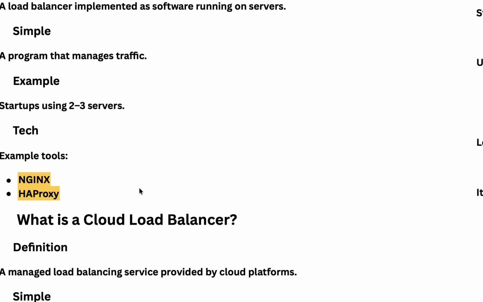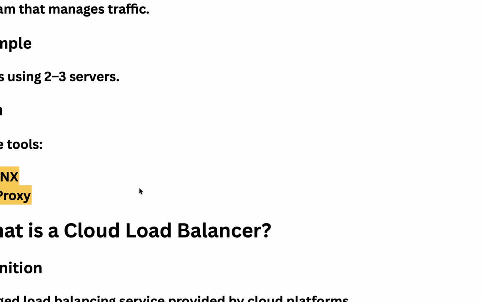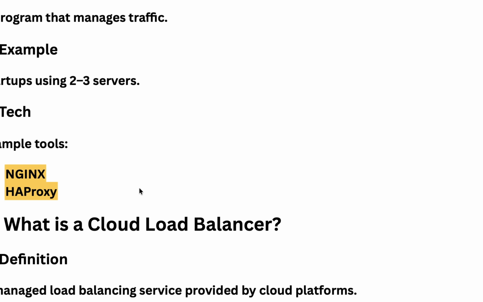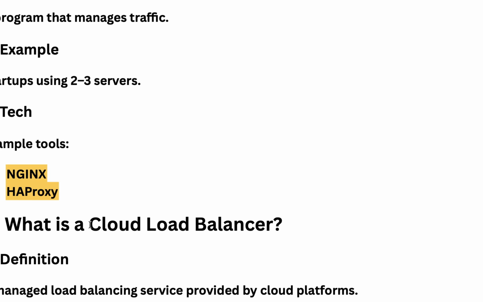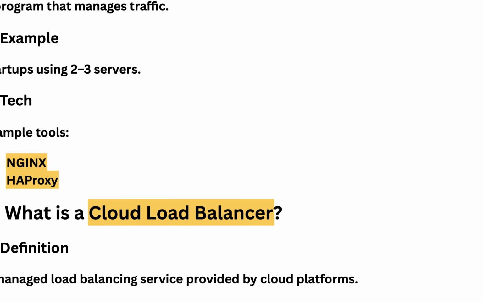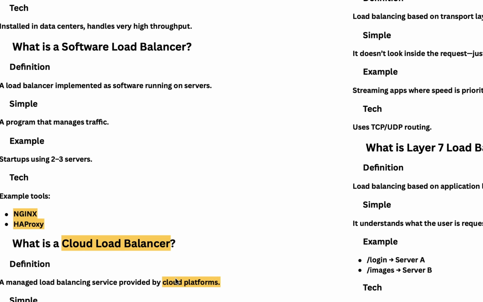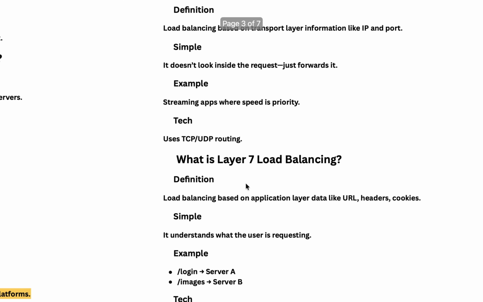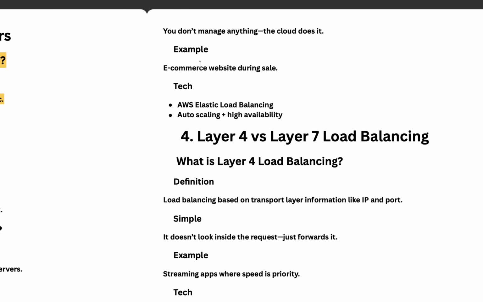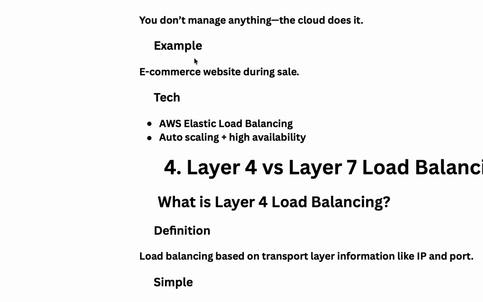So what we can do is purchase a subscription from providers like Google or AWS, a managed load balancing service provided by platforms. It is simple. You don't need to manage anything, the cloud does it.